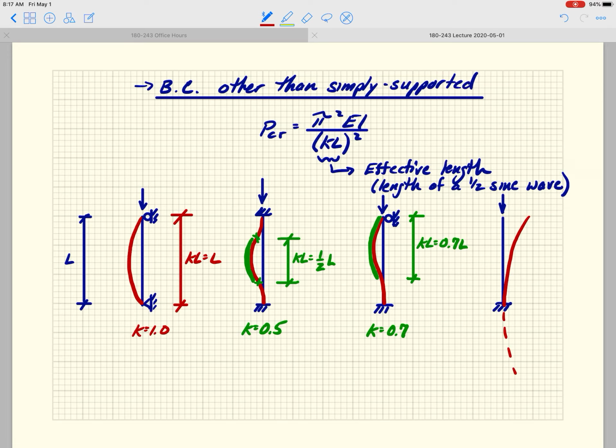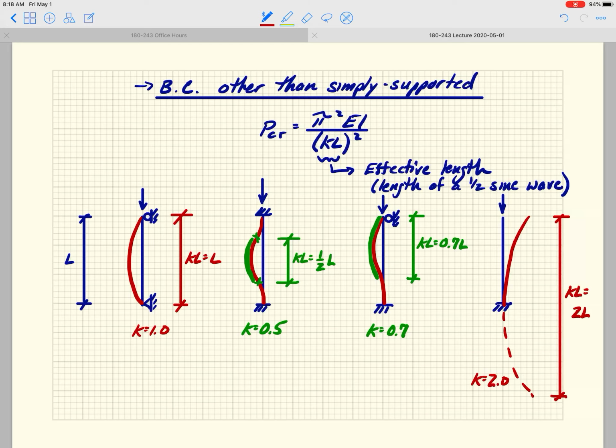So I can continue that down, 1, 2, 3, 1, 2, 3, like that. So this here is now KL, and that equals 2 times L. So in this case, K is equal to 2.0.